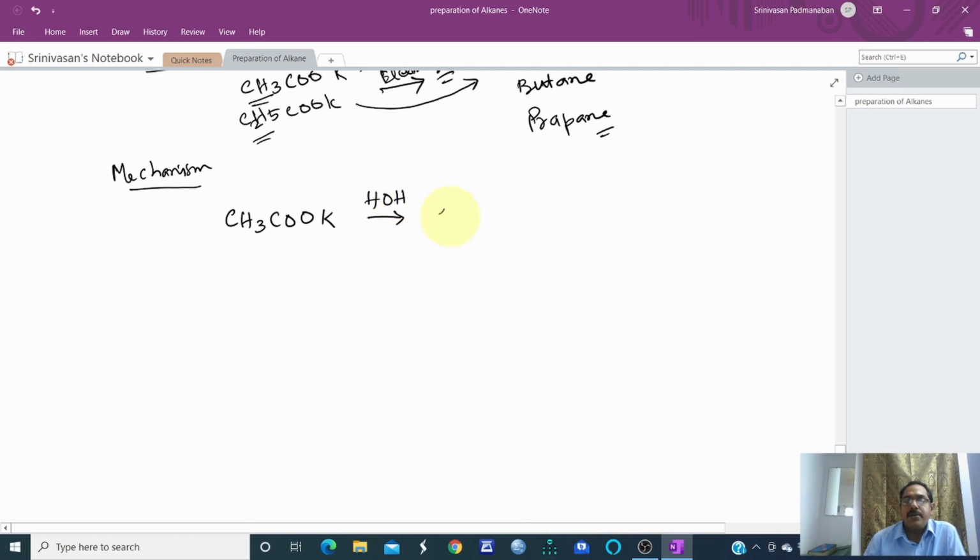If you put any salt in water, it goes as ions. So it will be like this. This negative ion we call an anion, and this positive ion is the cation.